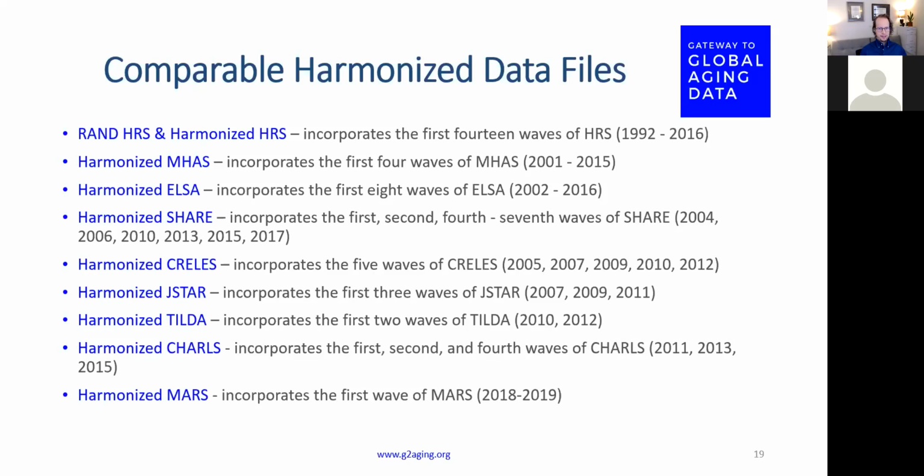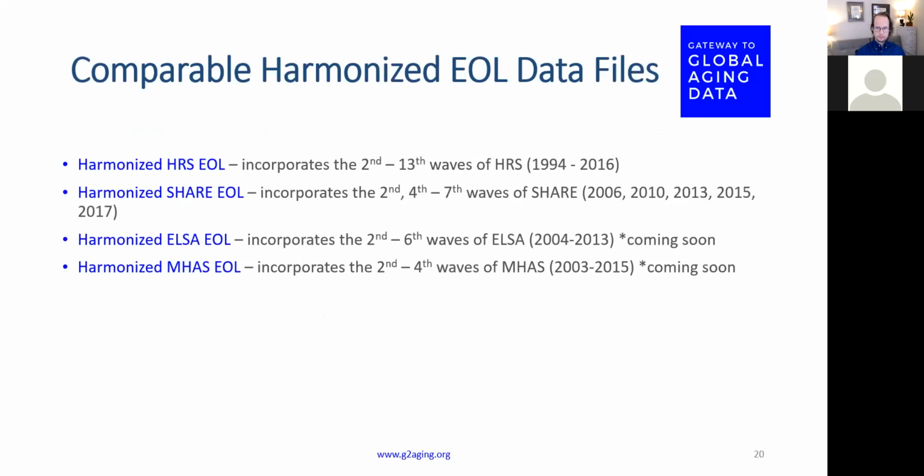So the RAND HRS is the main harmonized file, and then some additional variables, especially for cross-study comparability, are contained in the harmonized HRS. We have the MHAS, which is Mexico, England, Europe and Israel, Costa Rica, Japan, Ireland, China, and Malaysia, which we just recently also released. That includes one wave.